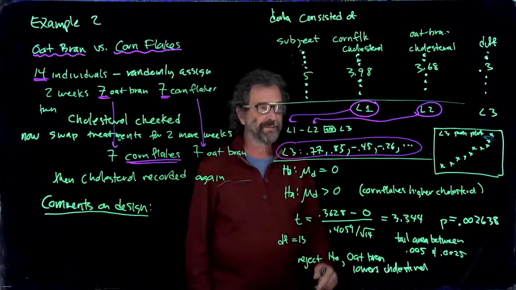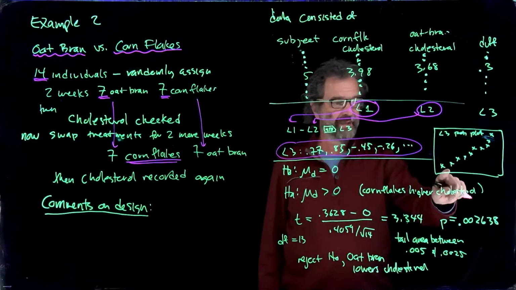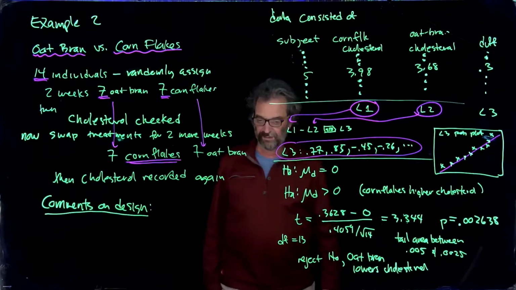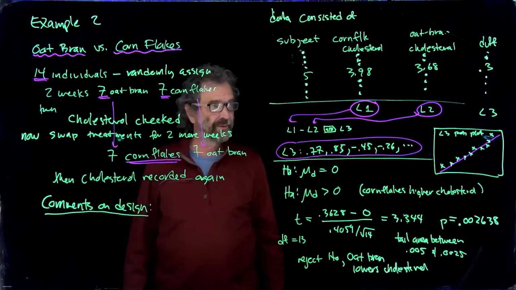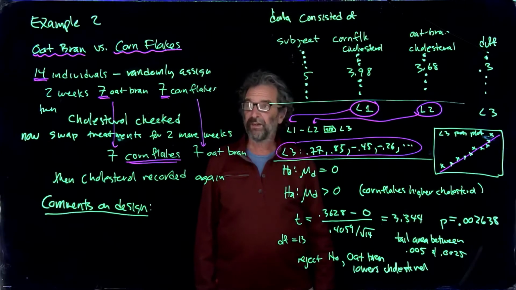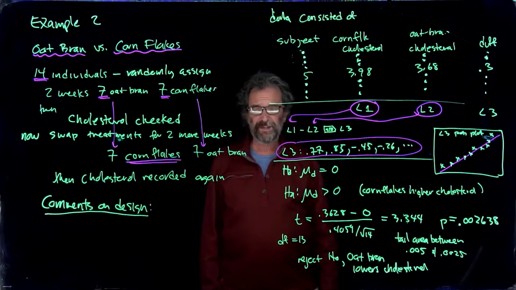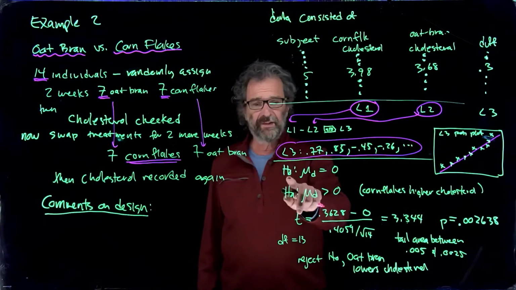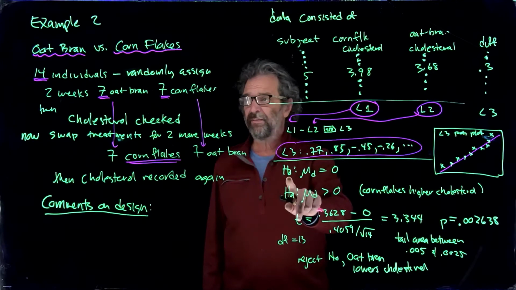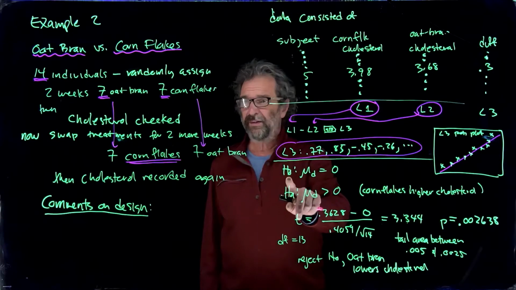And then I did a probability plot for the list 3, and it came up reasonably straight. So I'm pretty happy with that. The sample size was 14, so it's not tiny, and it's pretty much a straight line, so everything's cool. And then the hypothesis test we're going to carry out is the null hypothesis of no treatment effect, so oat-bran and cornflakes have the same impact on cholesterol, in other words, none.